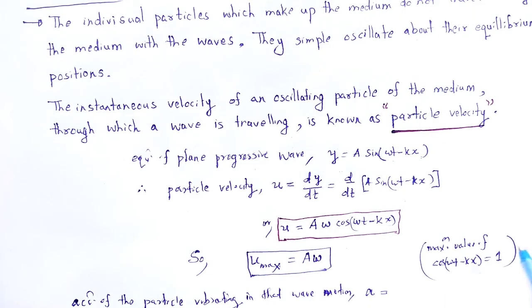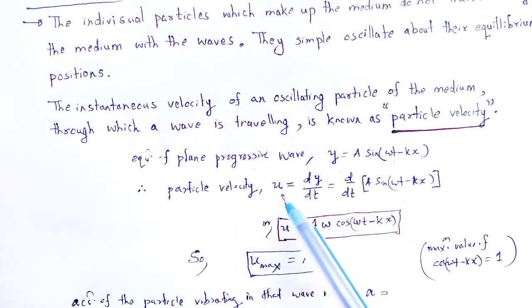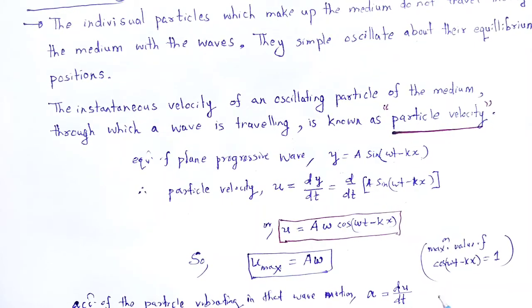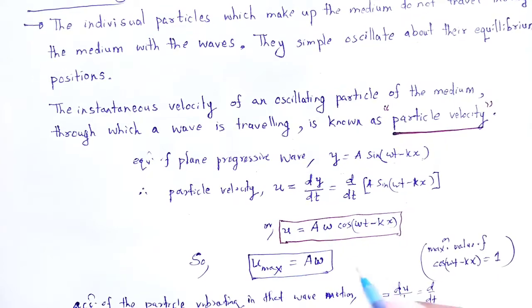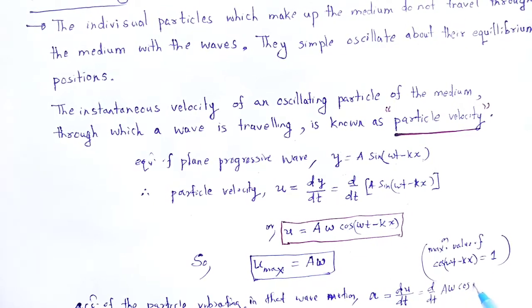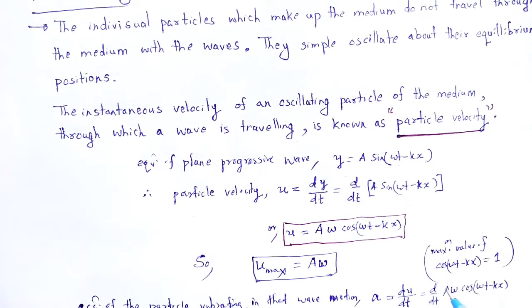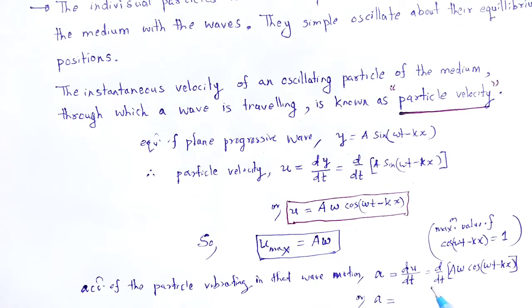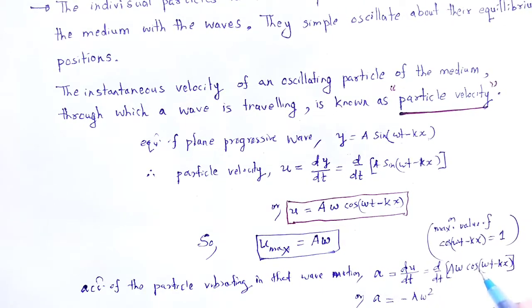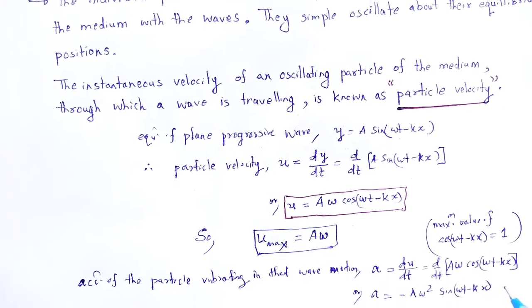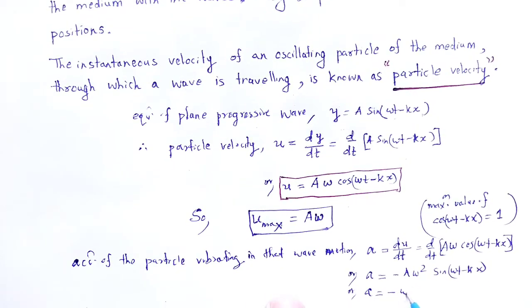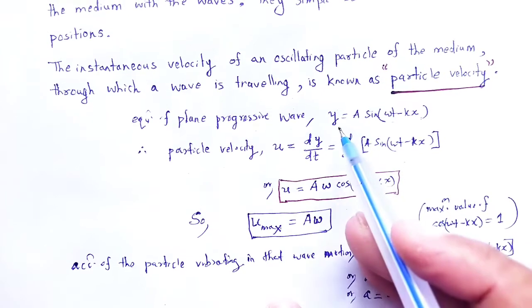The acceleration a is the rate of change of velocity, du/dt, that is d/dt of aω cos(ωt − kx). Differentiating with respect to time, a is equal to minus aω² sin(ωt − kx), or a is equal to minus ω² times a sin(ωt − kx), that is the value of y.